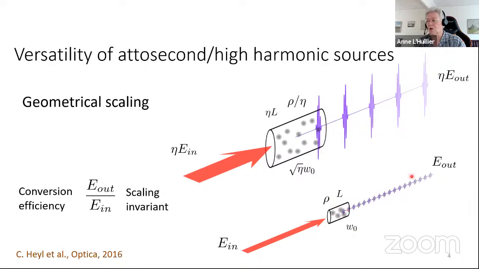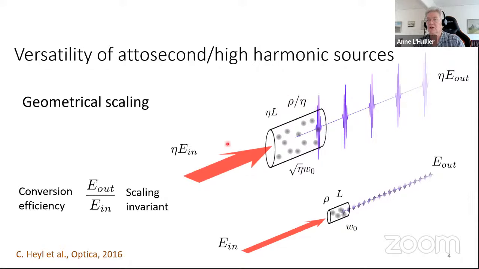and you get some output energy, then you can scale up or scale down this interaction. You scale by a certain parameter the input energy, you focus over a longer focal length, you get a larger focus, you use a medium length which is multiplied by the same scaling factor, you use a density which is divided by the same scaling factor.